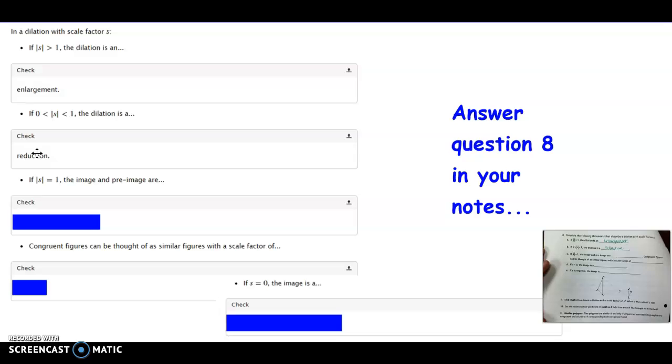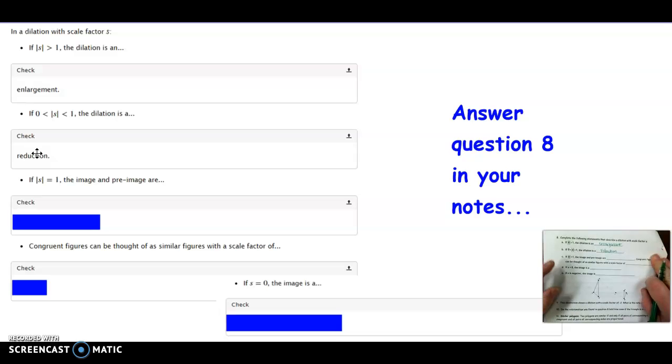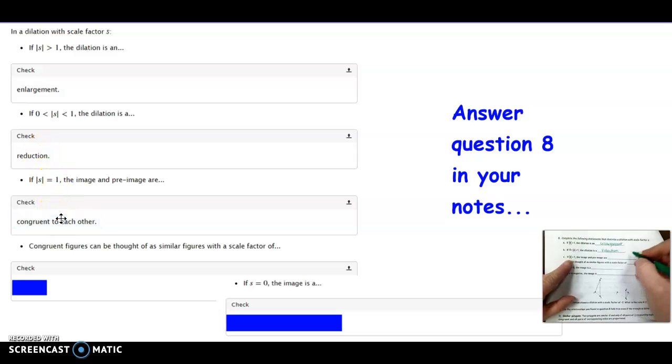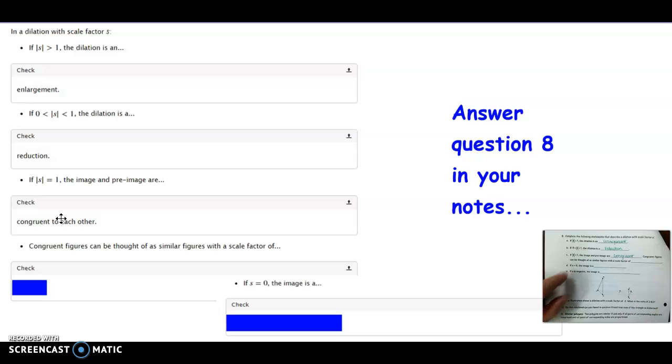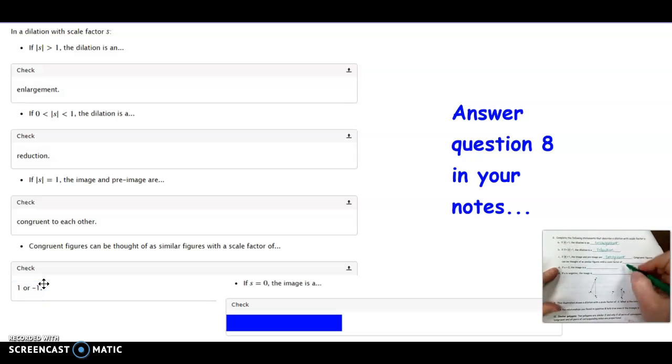If the scale factor is 1 or negative 1, then its absolute value is 1. That means the image and the pre-image are congruent to one another. Congruent figures can be thought as similar figures with a scale factor of 1 or negative 1. Don't forget, negative 1 also creates congruent figures.